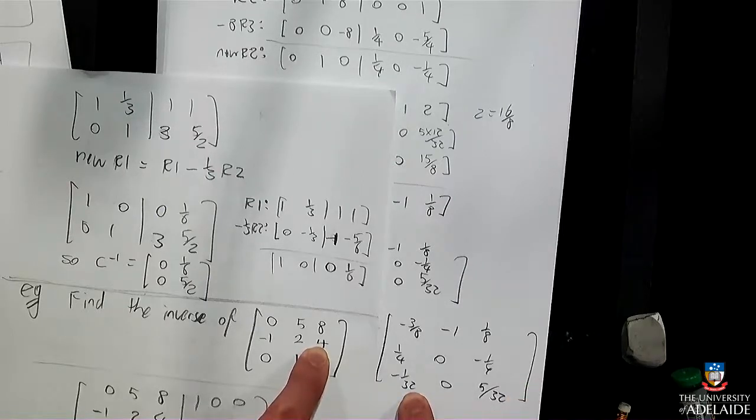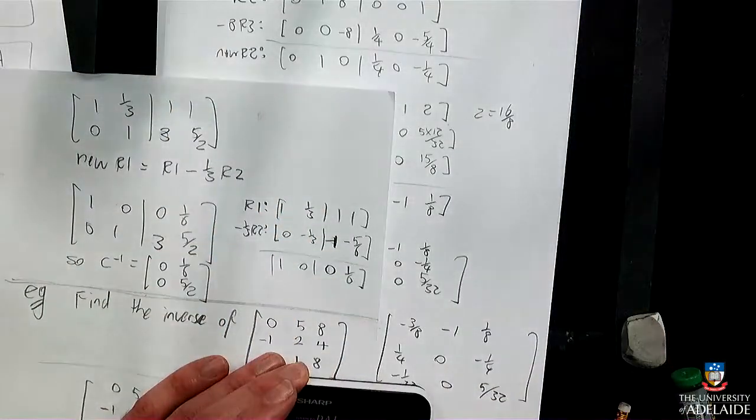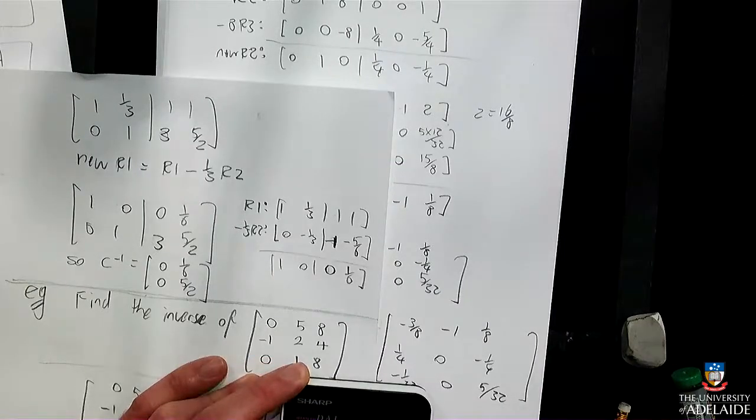So 7/8 minus 1/8 is not 0. Something went wrong somewhere. I'm just going to check with my calculator that I'm doing that calculation correctly, because with fractions I can get it a bit wrong. So let's just check that. Minus 1 times minus 3/8. Just a second. Minus 1 times minus 3/8.